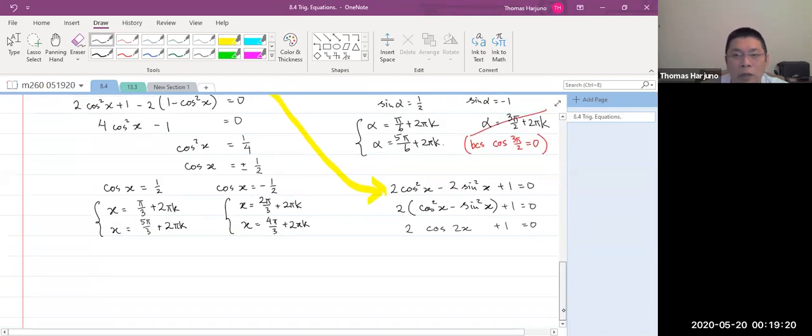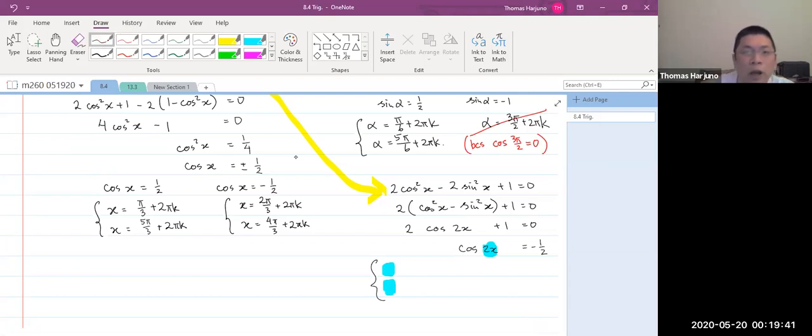Then from here, I solve for cosine 2x. Cosine 2x equals -1/2. So instead of solving for x right away, I will solve for 2x. Now cosine 2x equals -1/2, then what will 2x be?